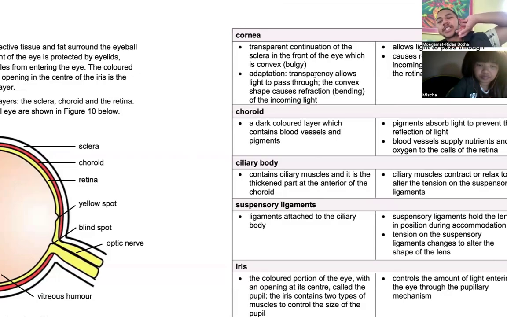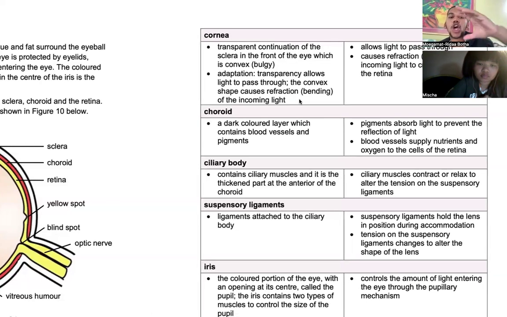Because it's transparent, it allows light to pass through, and the convex shape causes refraction or bending of the incoming light. So the function is that it allows light to pass through and it causes refraction or bending of the incoming light to create an image on the retina.